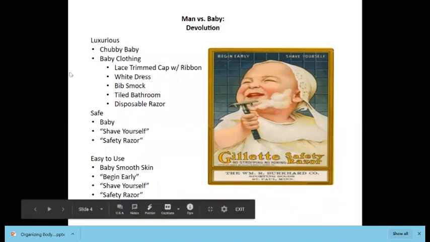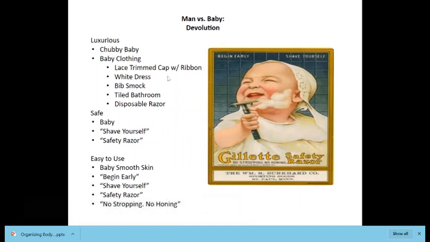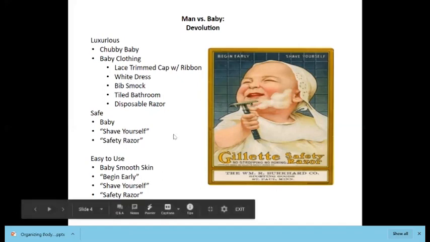So some of these are going to be familiar: the chubby smiling baby, the baby clothing in particular, this lace trimmed cap with ribbon, the white dress, the bib smock, the tiled bathroom, etc. So all of these details gathered together.